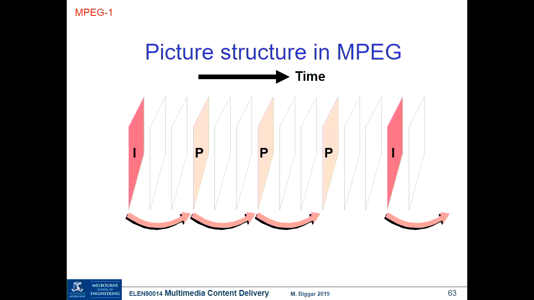Then in between the P and I pictures, we fill in the pictures with these B pictures, and they are predicted both forward and backward. It depends on the settings in the encoder, but quite often we're virtually only sending motion vectors for these, forward and reverse direction motion vectors, and very little prediction error.